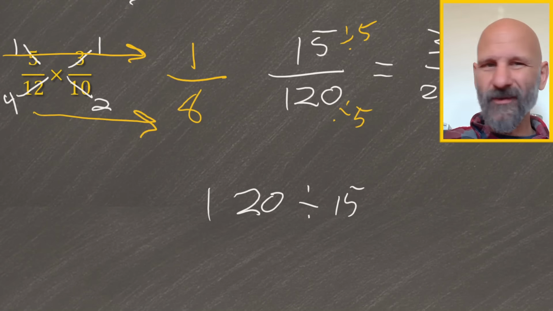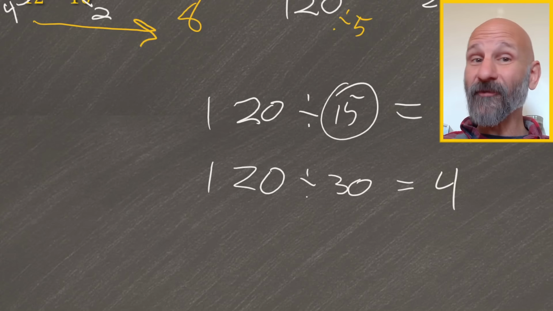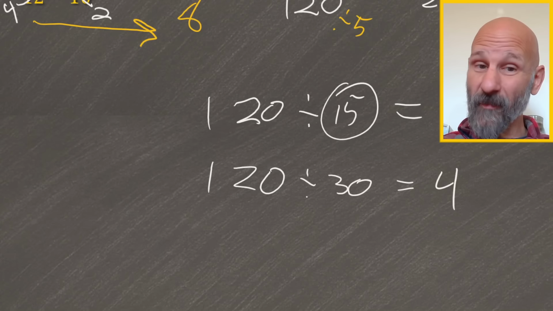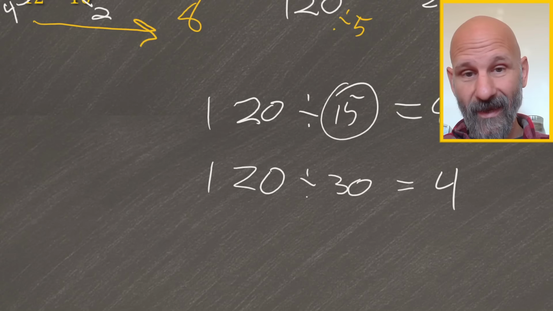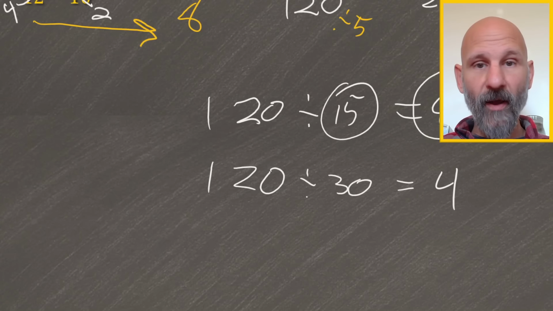So 4 30s make 120, but I'm going to have twice as many 15s. So in my brain, I'm thinking 120 divided by 30 equals 4. But I'm going to have twice as many because I'm actually dividing by 15. So that's going to leave us with an 8. So that's my thought process there.